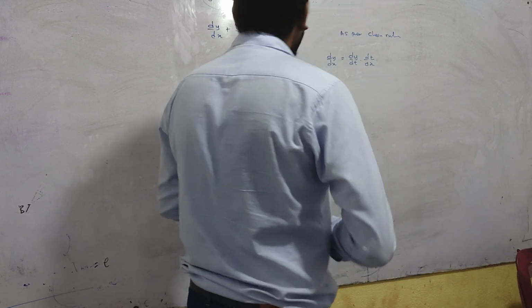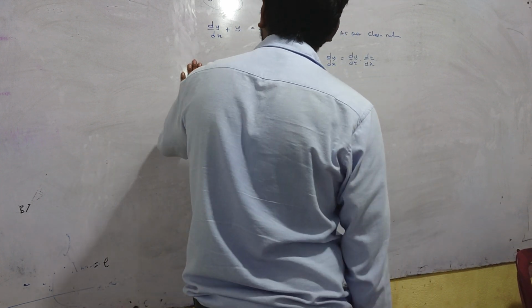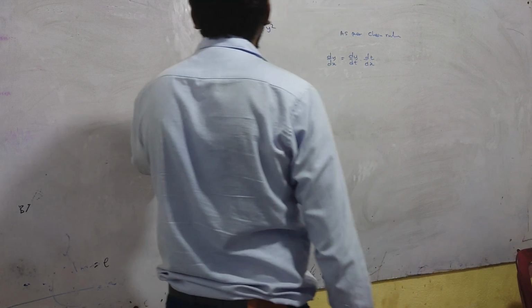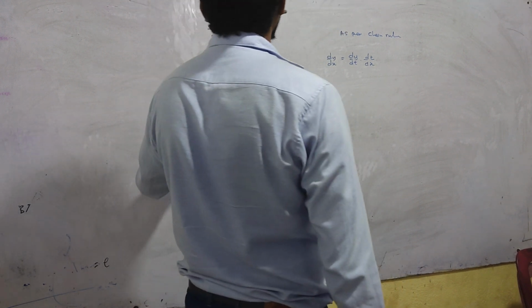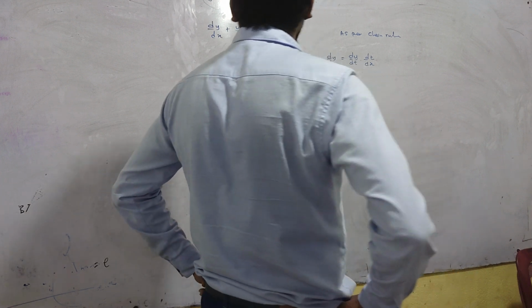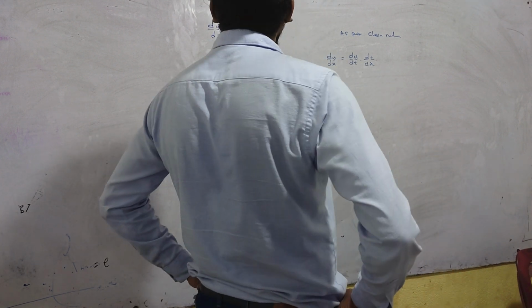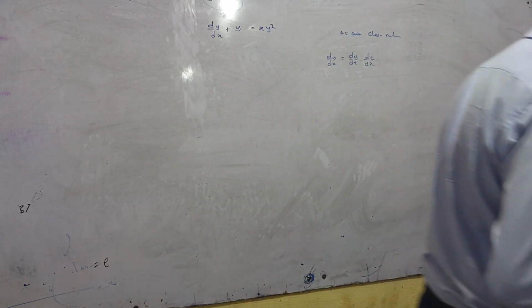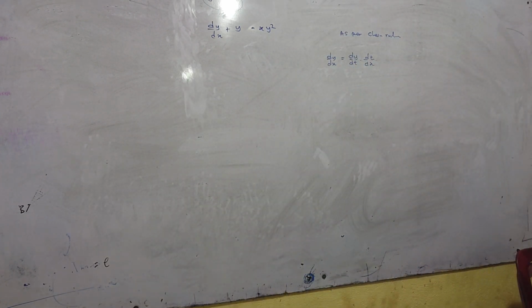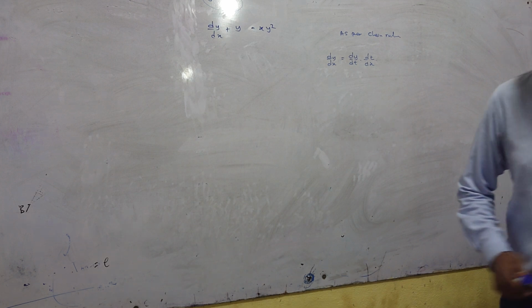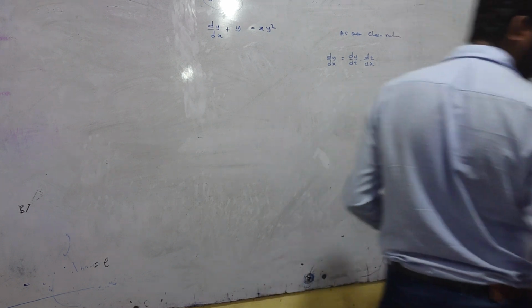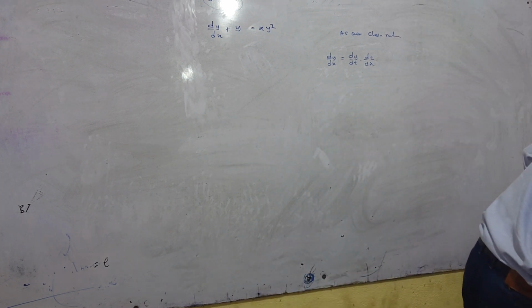Please do it quickly. P of x is minus 2. Is it minus 2 at p of x? I didn't find it, I'll check. Yes, it's minus 2 according to this book.